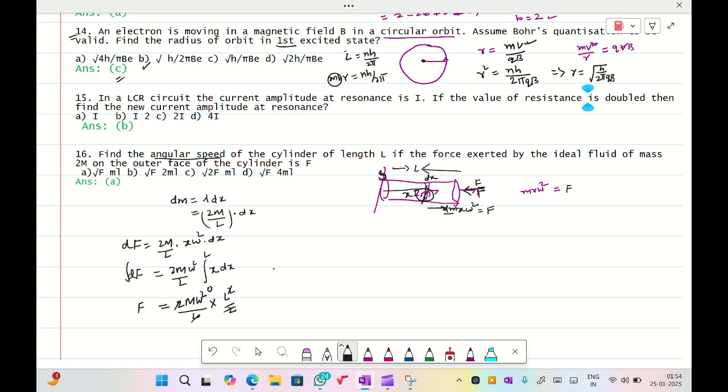Then mL is there. Therefore omega square is equal to F by mL. Then omega is equal to root over F by mL, with capital M into L. So the answer is root of F by mL. So answer A is correct.